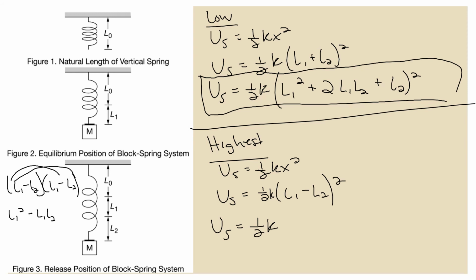Then we're going to go these terms here, the inner terms. We have, again, minus L1 L2, and then we're going to have negative L2 times negative L2, so that's going to be plus L2 squared. So what that ends up giving us is L1 squared minus 2L1 L2 plus L2 squared. So that's going to be 1/2 k times L1 squared minus 2L1 L2 plus L2 squared.